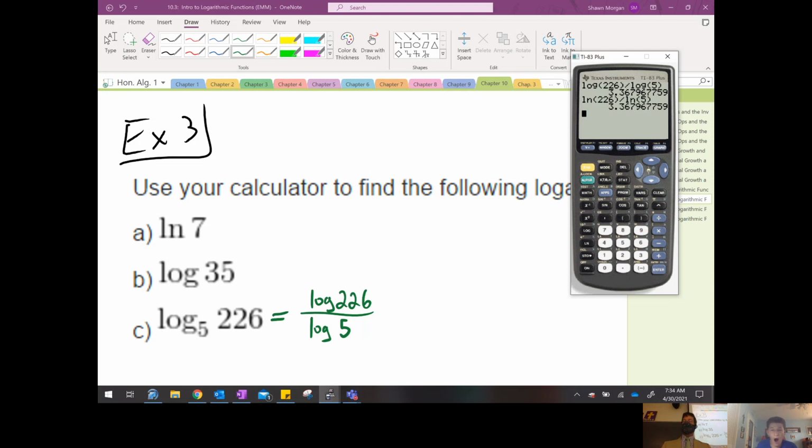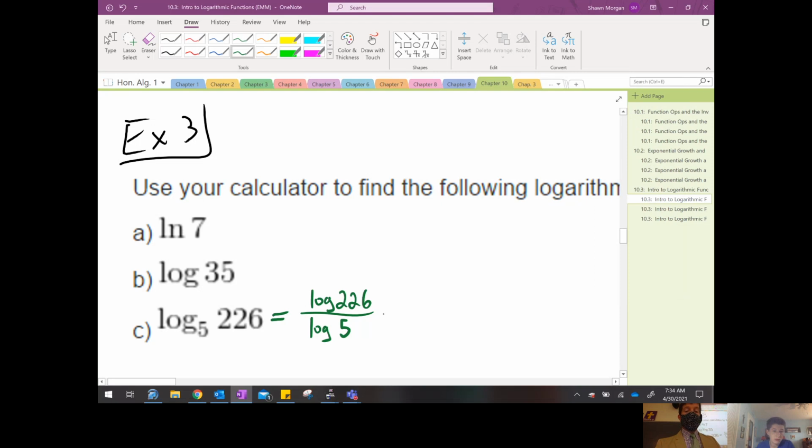As long as I keep the base the same on top and bottom, I'm straight. I'm going to get the same answer. You notice that, right? Look at the calculator. So the change of base formula is powerful in that it allows me to rewrite any given logarithm as I choose. I could pick a base of 10, I could pick a base of e, I could pick a base of whatever the heck I daggone want. Okay, as long as that base is greater than 0, not equal to 1.